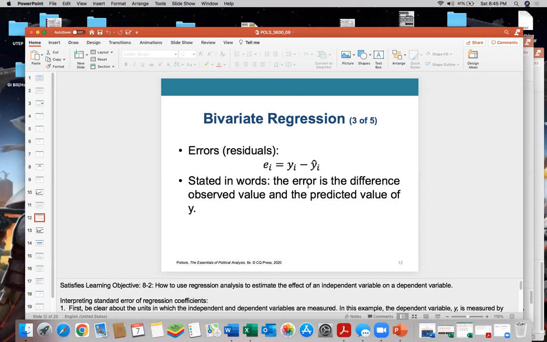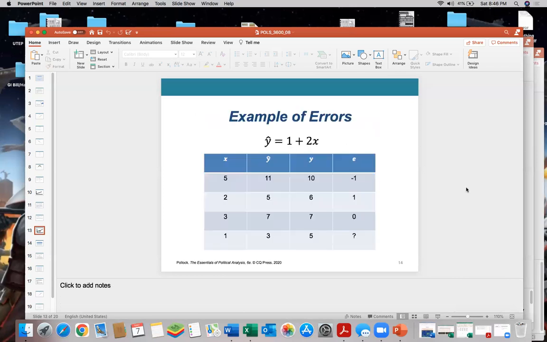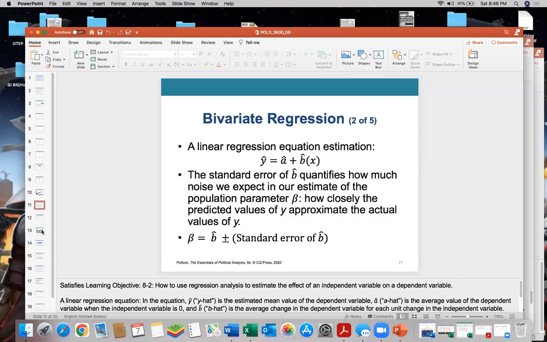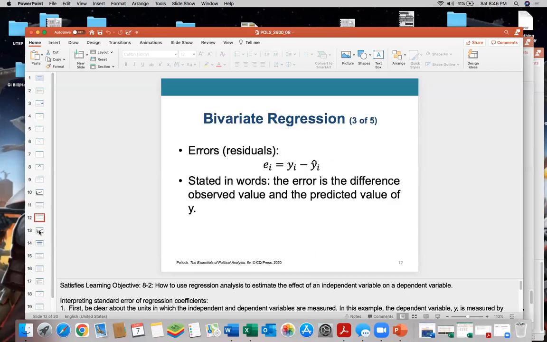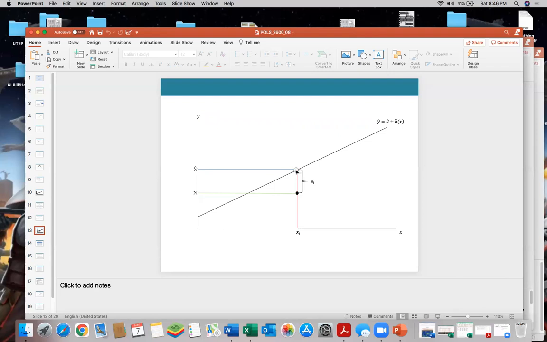So then here we have our errors, or our residuals, which is the actual y value minus what we thought the y value was going to be. I'm sure you guys remember this, where we thought it was going to be up here, but it actually ended up being down here.